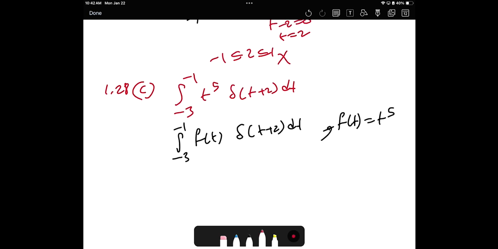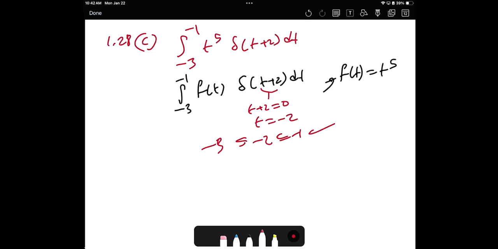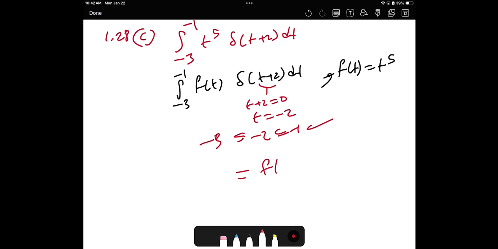Now look at t plus 2 equals 0, therefore t equals negative 2. Now negative 2 is bounded between negative 3 to negative 1, that's fine. So the answer will be f of negative 2, which is negative 2 power 5, so negative 32. Okay?